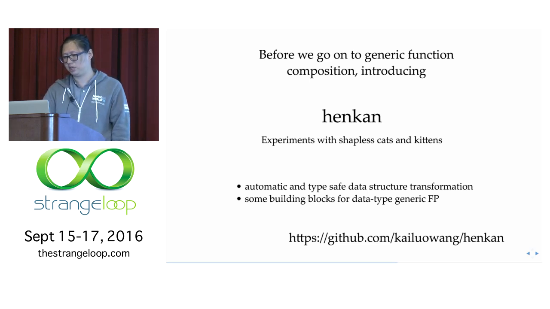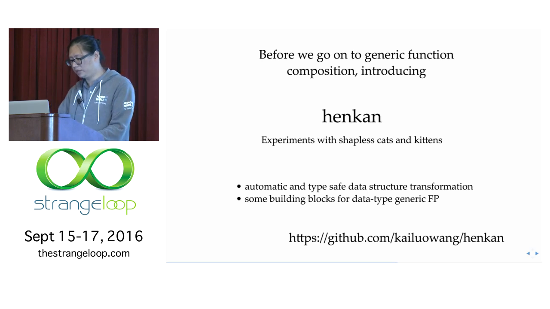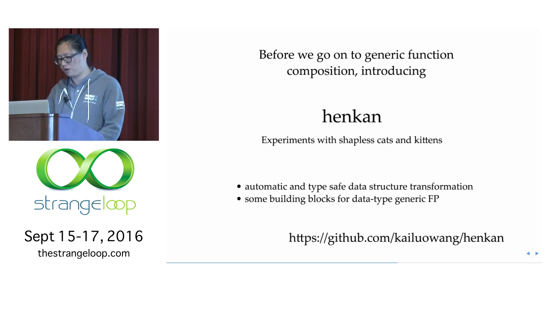Hankin is basically a very, very tiny library that is just a couple of experiments based on Shapeless, cats and Kittens. So it has automatic and type-safe data structure transformation and some building blocks for data-type-generic functional programming.